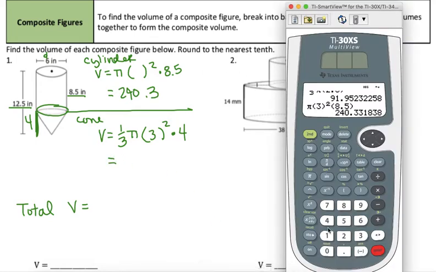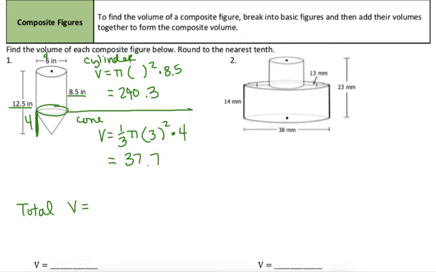On my calculator, I can go 1/3 pi r squared times our height, 4. All right, so again, they gave me the exact answer, 12 pi. I'm going to use my toggle button to get the approximation of 37.699. So I'm going to round that up to 37.7.